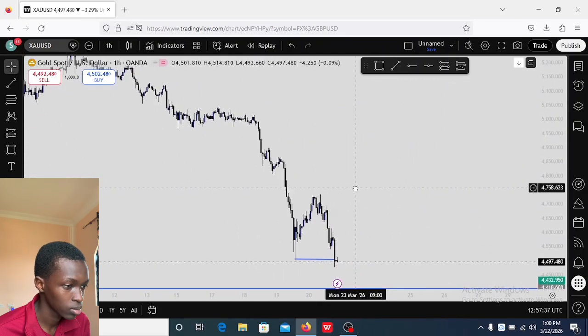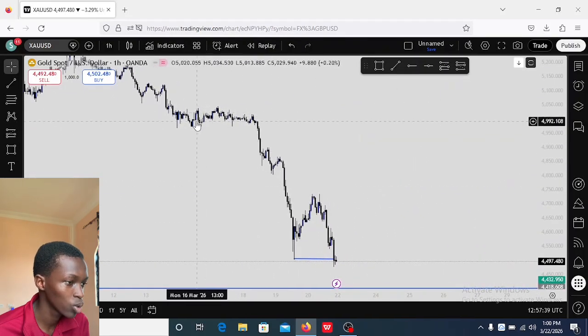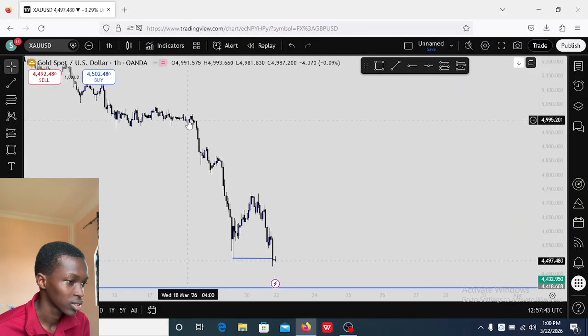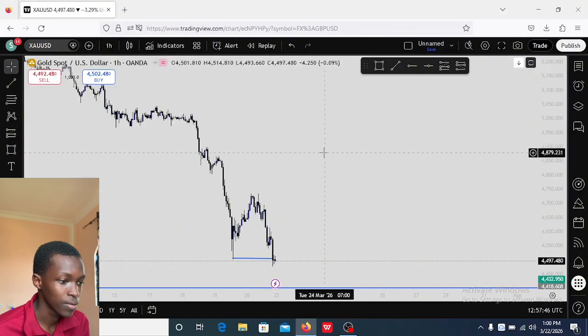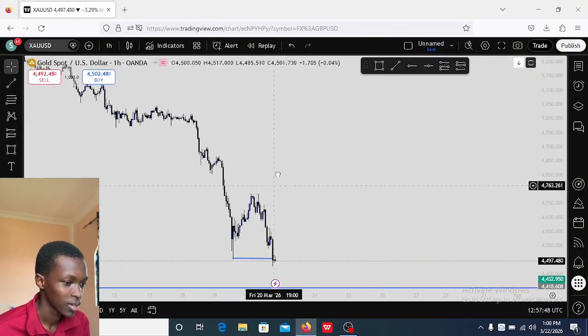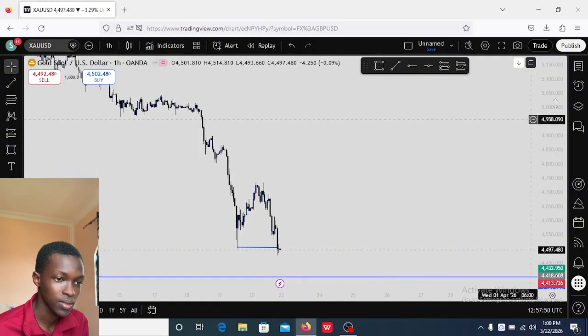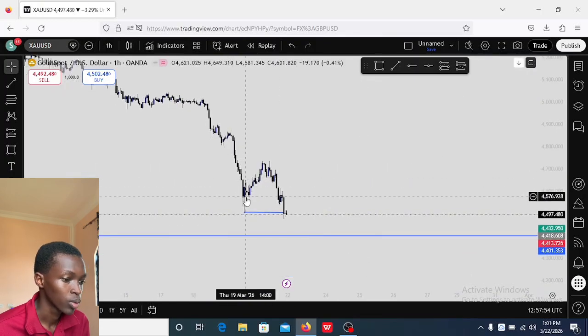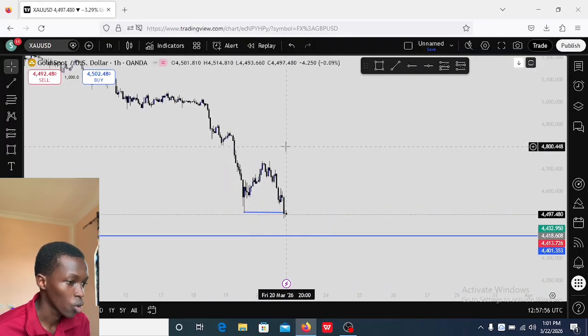Gold nowadays looks like it is kind of consolidating, and it just gives you small profit. That's how I kind of say it. Most of the time on gold, you don't have to wait for your full TP.